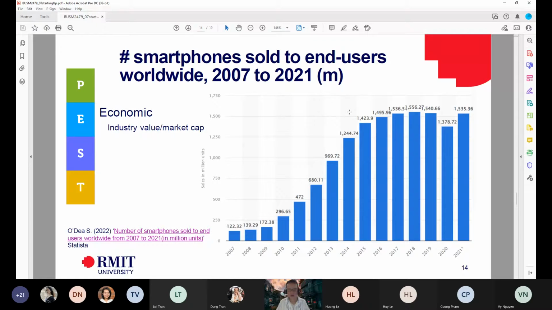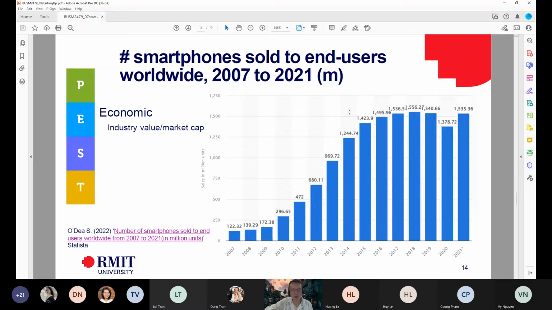So this is for smartphones. These are some statistics that are readily available from Statista. Quite reliable. And this is hard data, and I can use this to show that, look, if we look at the S-curve between 2007 and 2014, we see rapid growth in smartphone sales.